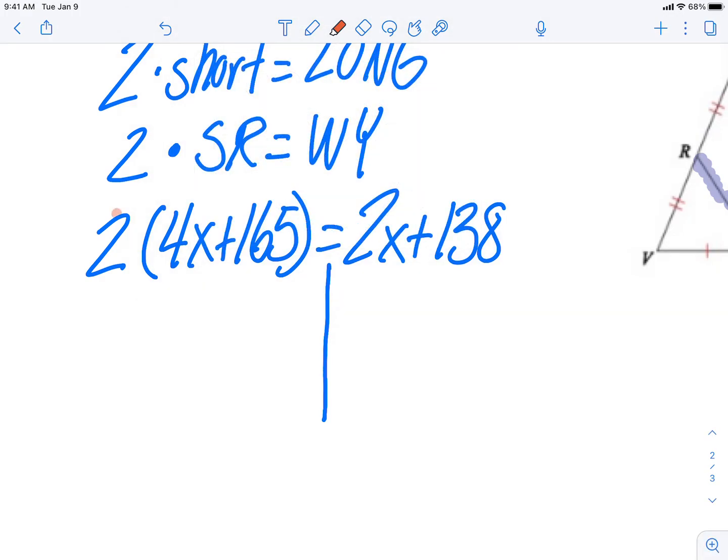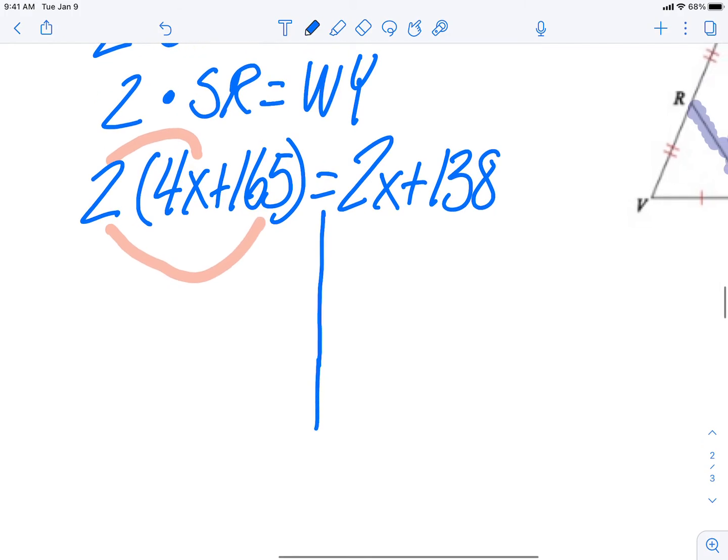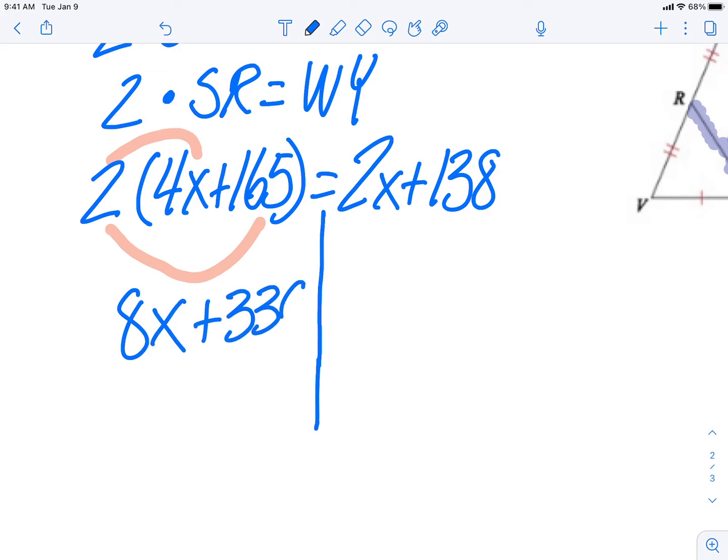So let us distribute 2 times 4x and 2 times 165. 2 times 4x is 8x. 2 times 165 is 330. Right? So use your calculator if you need it, right? So first thing I'm going to do is I'm going to bring this 2x over and I'm going to make it minus 2x. Minus 2x here.